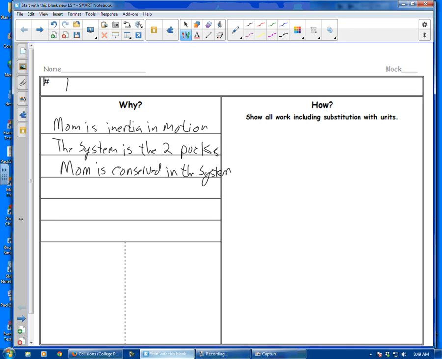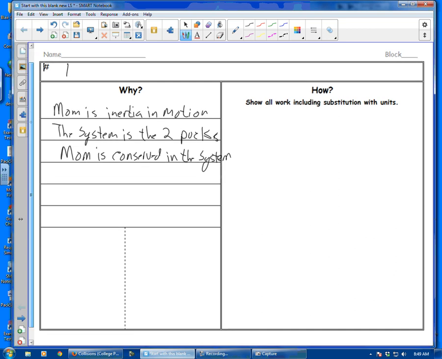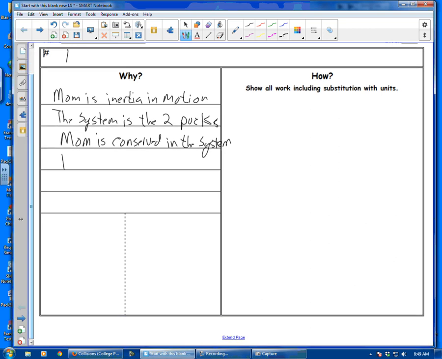And then the other factor in here is, since it's elastic, that means kinetic energy is conserved in the system.